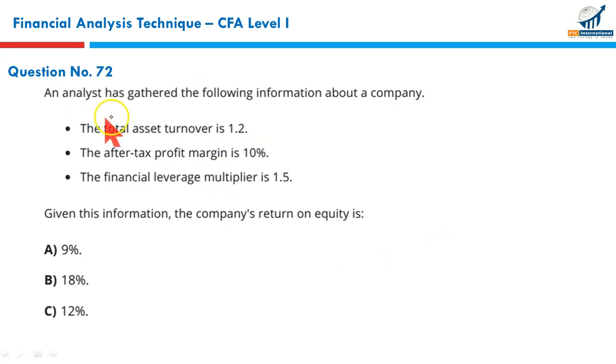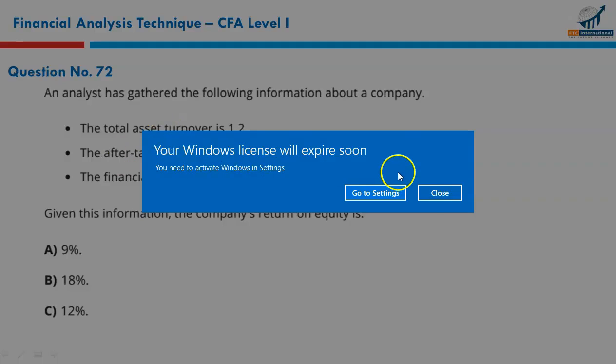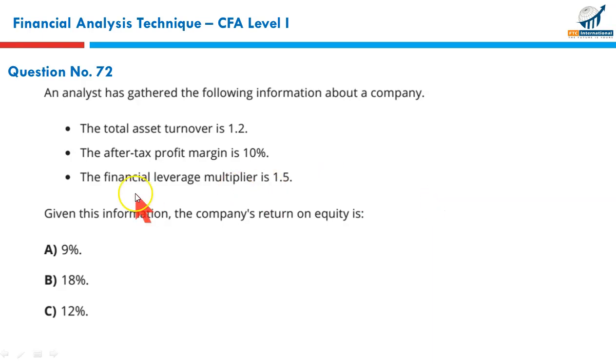Next, an analyst has gathered the following information about a company. We have been given assets turnover, after tax profit margin, financial leverage. We need return on equity. We have done a question like this 1,000 times. Profit percentage 10, asset turnover 1.2, and then we have financial leverage 1.5.